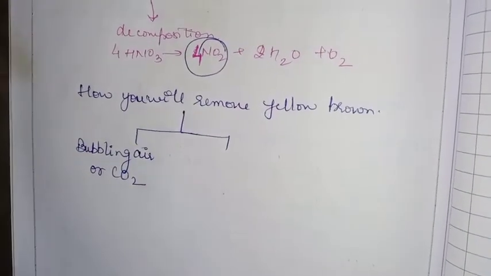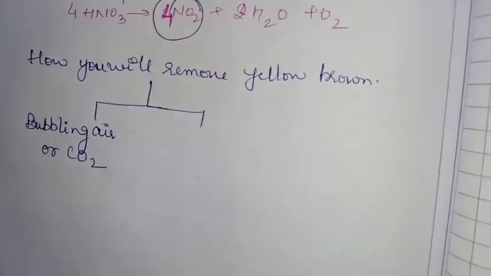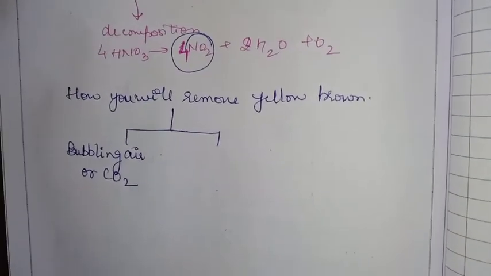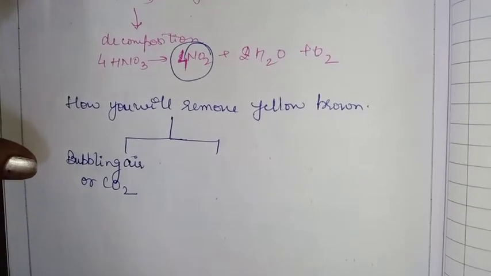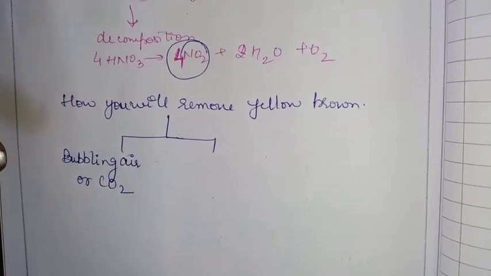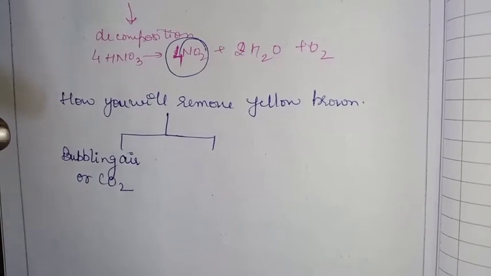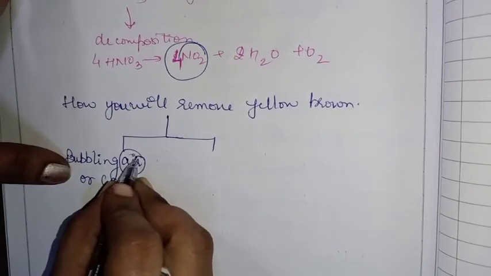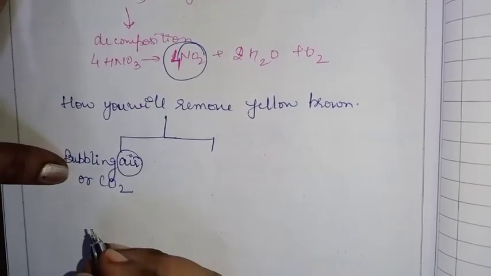Bubbling means when we pass the air or carbon dioxide gas through the solution, it will remove the reddish brown nitrogen dioxide from the warm acid, and further it will oxidize the nitrogen dioxide. Air means oxygen, so it will oxidize.